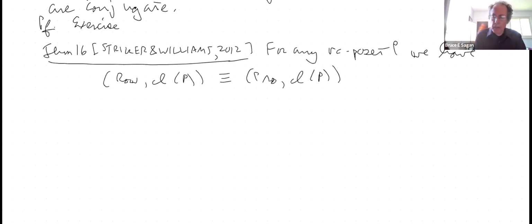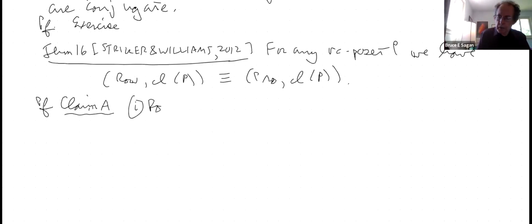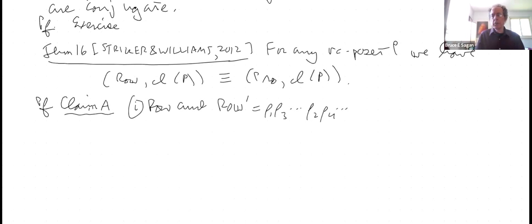Okay, so let's go through this. First claim, claim A, in two parts. First of all, rowmotion and what I'm going to call row prime, which is going to be taking these row products of toggles with all segregated, so that you do the even ones first and the odd ones next, or you could do it in the other order.